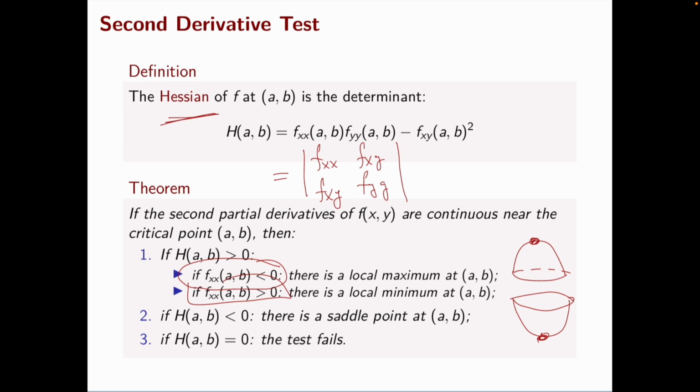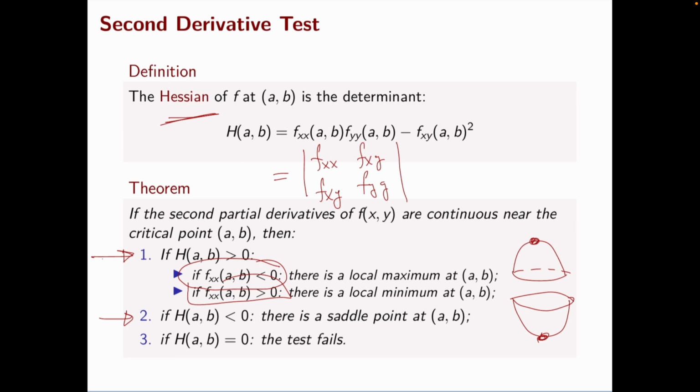So the first thing that we check is whether the Hessian is positive or negative. If it's positive, extrema. If it's negative, saddle point. And if it's a negative, saddle point, it finishes there. But if it's positive, we want to know what kind of extrema it is, maxima or minimum.